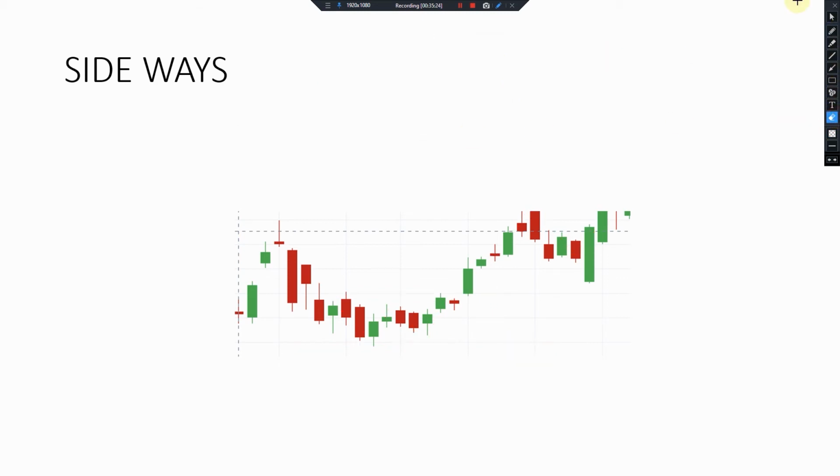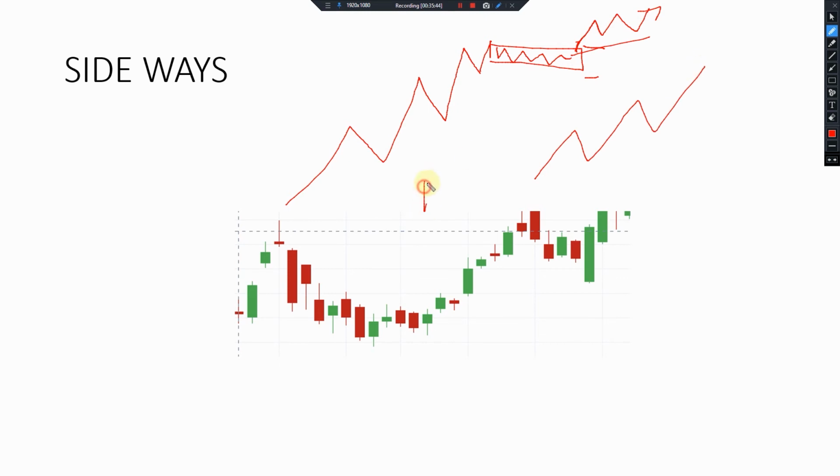Or in another case, if the price is going up and there is a sideways, and the price breaks out of this range and continues its next uptrend, then it's called the uptrend phase.